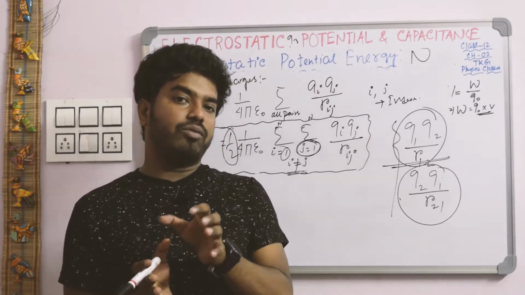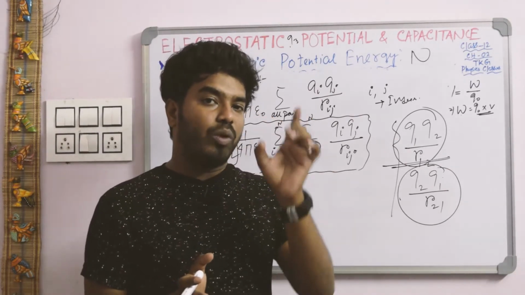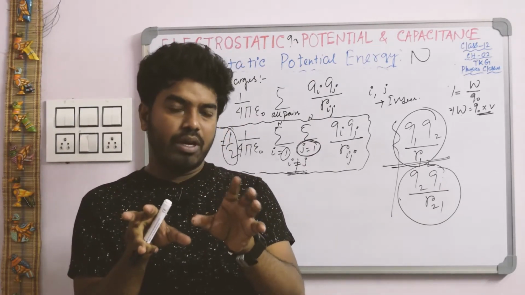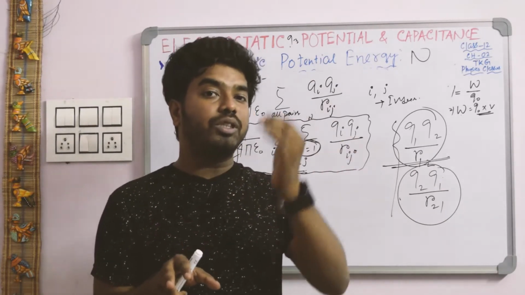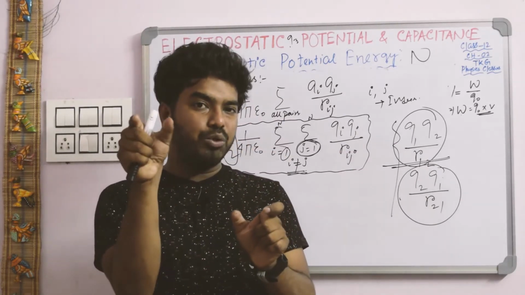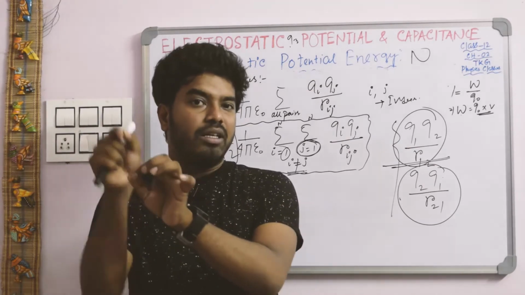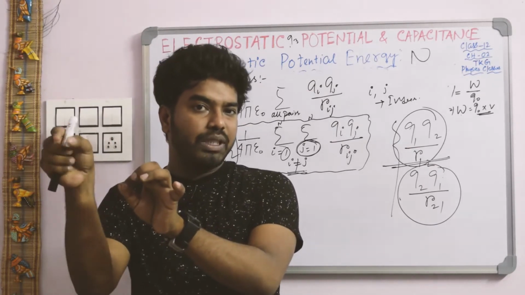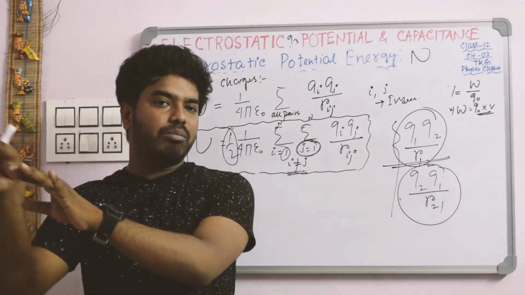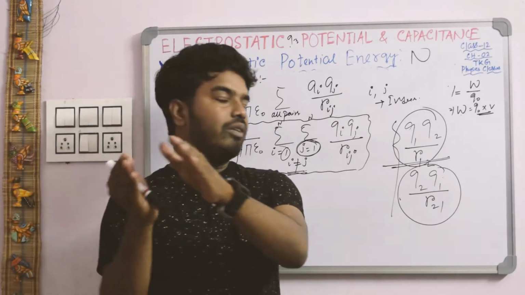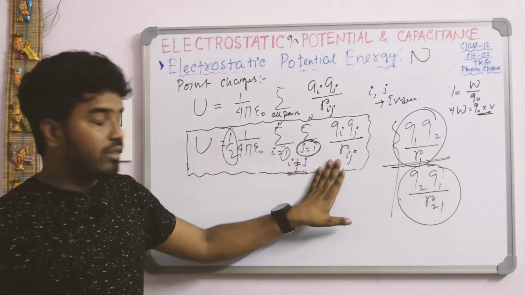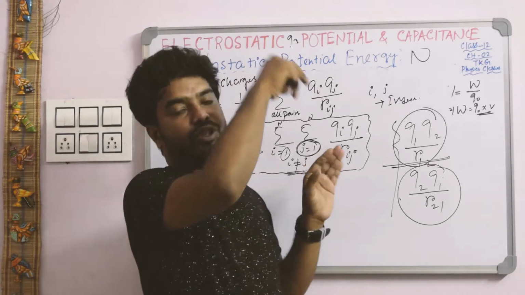For a 2 point charge system, it is 1 by 4 pi epsilon naught Q1 Q2 by R12. And for a 3 point charge system, it is 1 by 4 pi epsilon naught Q1 Q2 by R12 plus Q1 Q3 by R13 plus Q2 Q3 by R23. And finally, for n number of point charges, this is the formula. So this is all about the theory part.